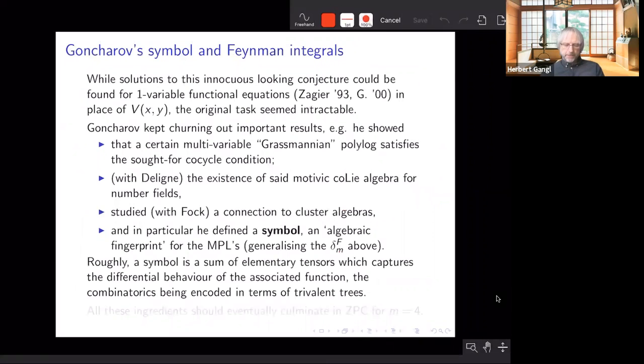Roughly, we can think of it as a sum of such elementary tensors capturing the differential behavior of the function. And all these ingredients, as I indicated, eventually helped in his proof of Zagier's conjecture for the next level.